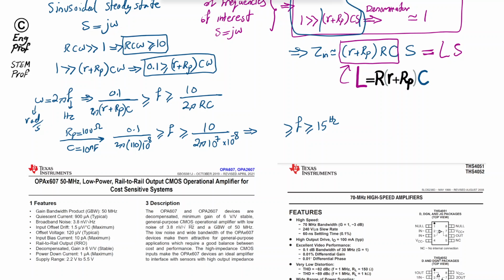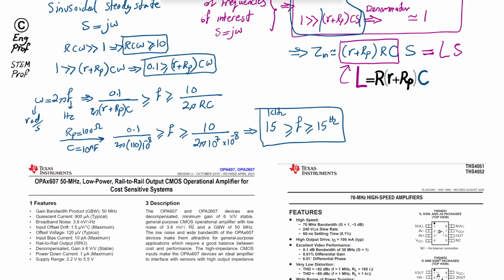And for the other one, we're going to get a value of roughly 10 to the power 5 divided by 2π, so it's going to be 15 kilohertz.